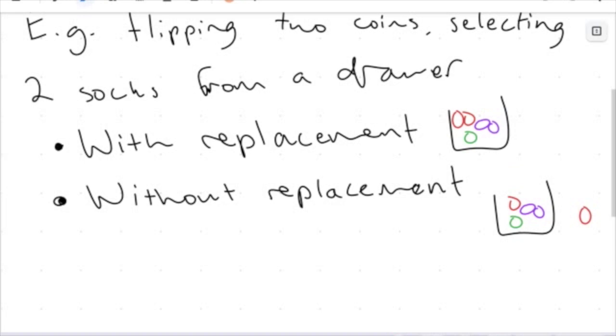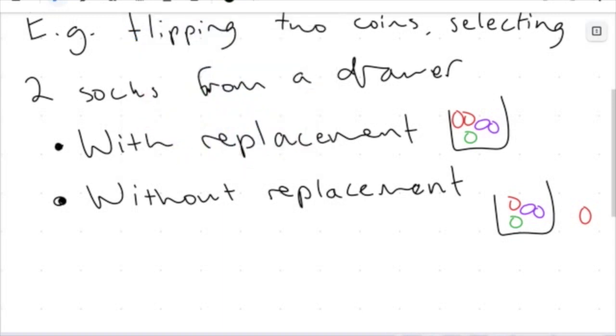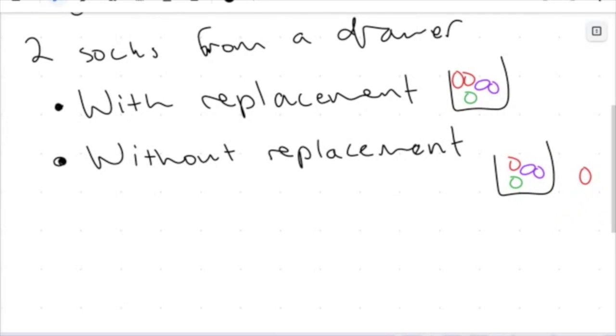So that's how we can think of with replacement and without replacement. And that will come pretty soon once we start looking at some examples. So let's jump into those now. So we're going to look at an example of an event or a sample space of probabilities for events with replacement.